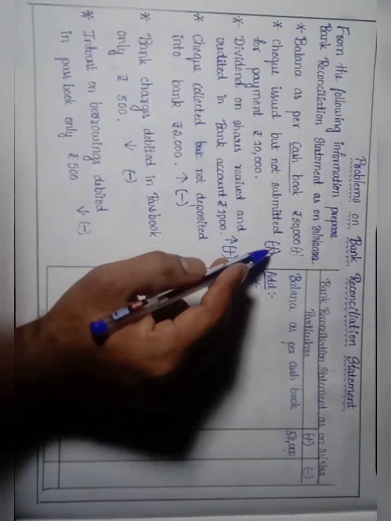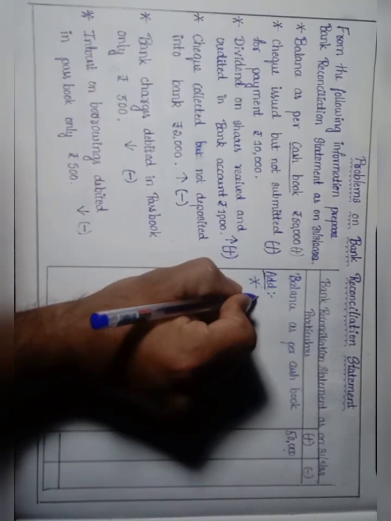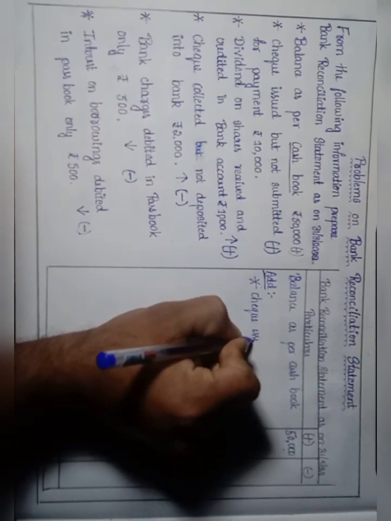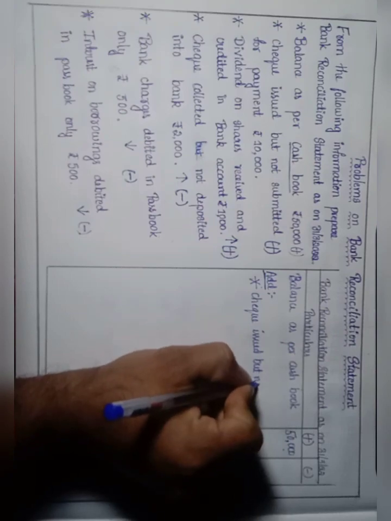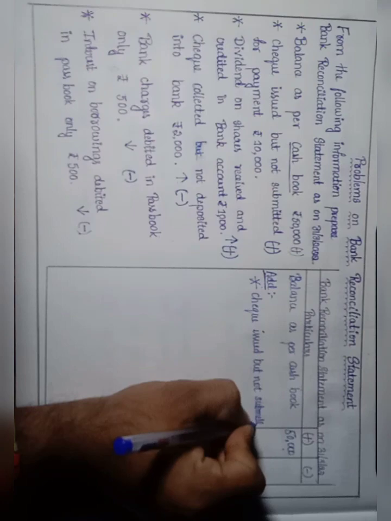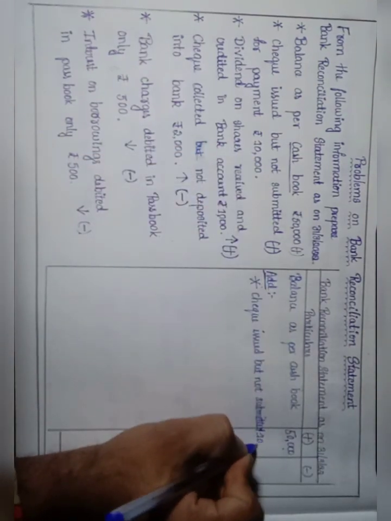Now we have two transactions which should be added here, that is, check issued but not submitted into the bank, that is 10,000 rupees.